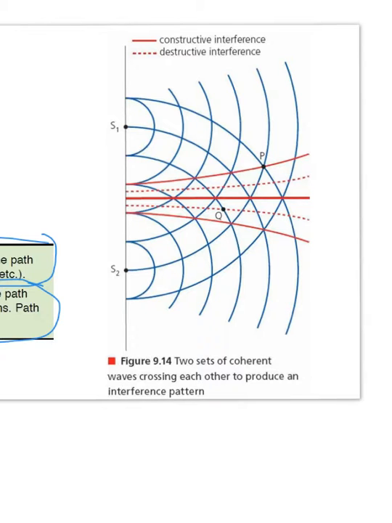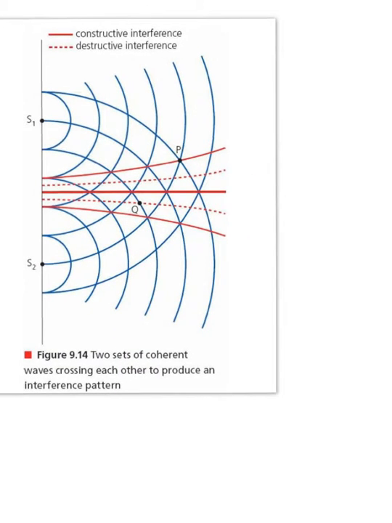So you tend to have something called a 0 order maxima in the center. Then you will have a destructive fringe. These are also called fringes.